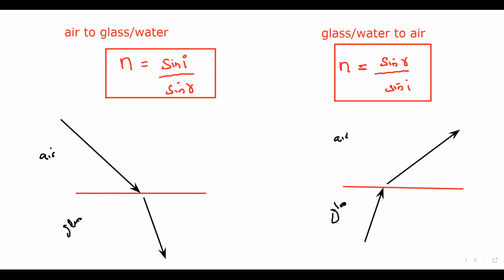The imaginary line which is perpendicular, 90 degrees, to the surface is called the normal. In reality it's not there, it's just an imaginary line.